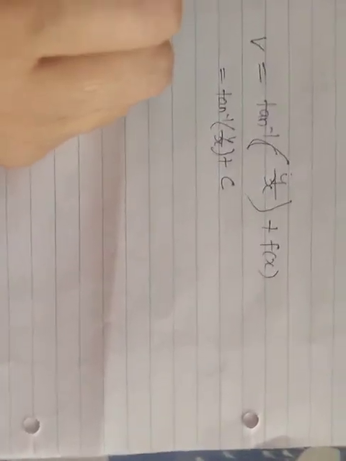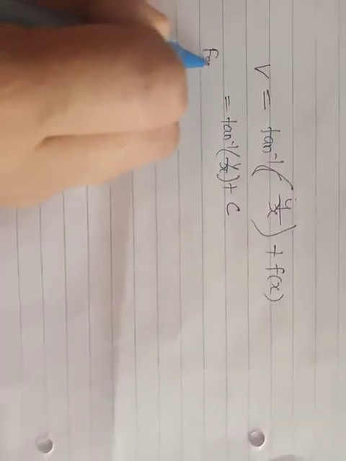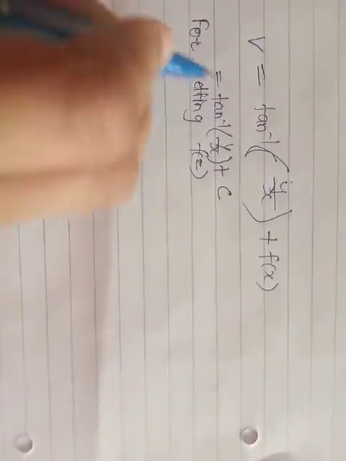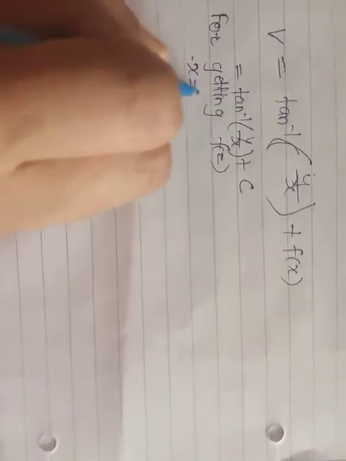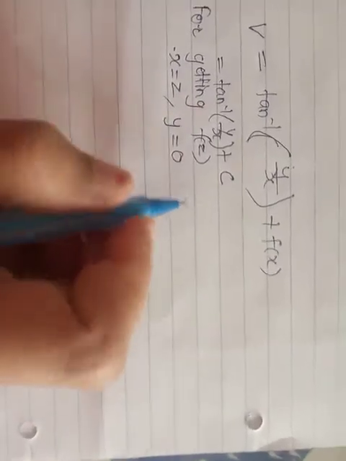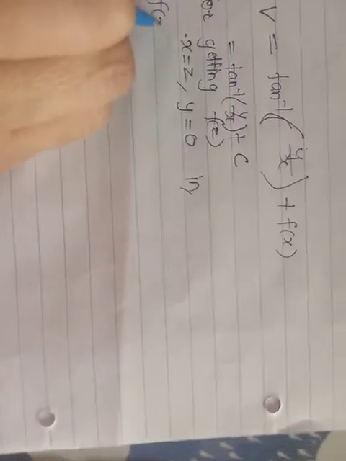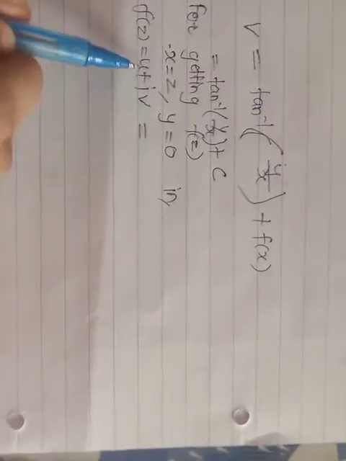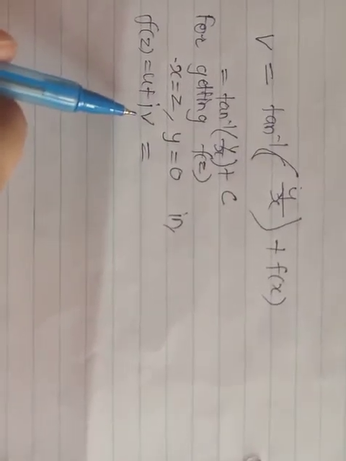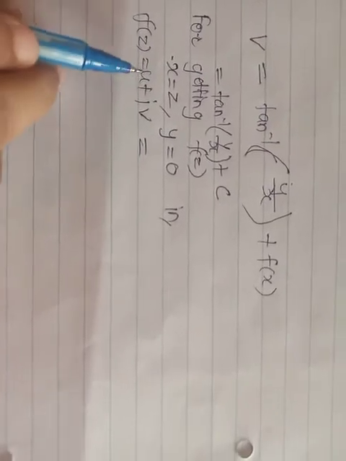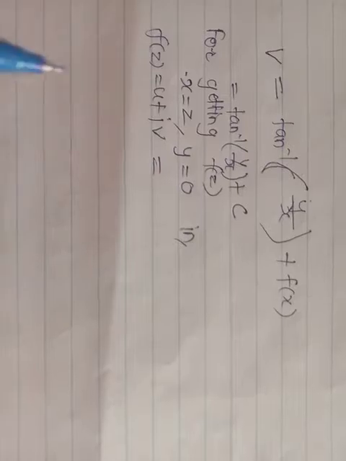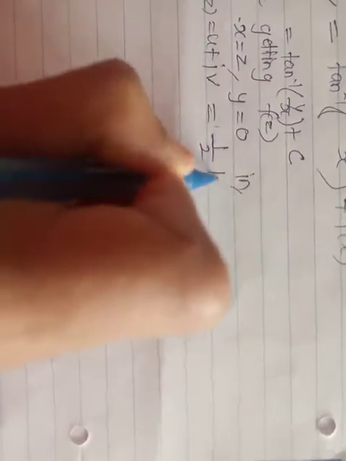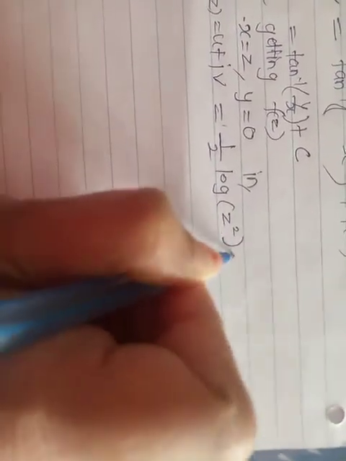Now as I told you in the previous example, for getting f(z), we should put x is z and y is 0 in f(z) equal to u plus iv. Here basically u and v are in terms of x and y. So if we put the corresponding u and v, which we already got, that x is z and y is 0, we get it is 1/2 log z² plus c.